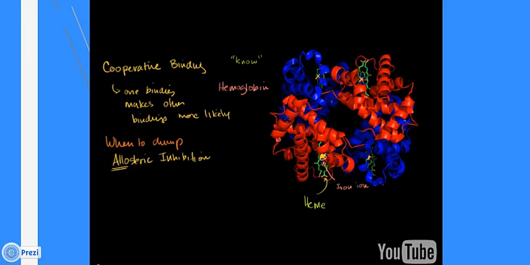So you're binding to other parts of the protein or the enzyme, and enzymes are just proteins, and it affects the ability of the protein or the enzyme to do what it normally does. So hemoglobin is allosterically inhibited by carbon dioxide and by protons. So carbon dioxide can bond to other parts of the hemoglobin.